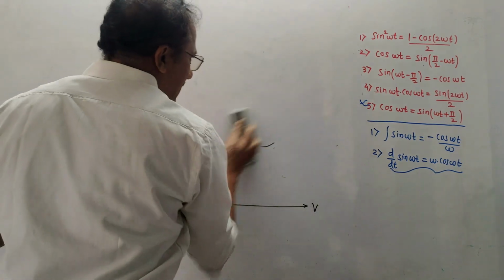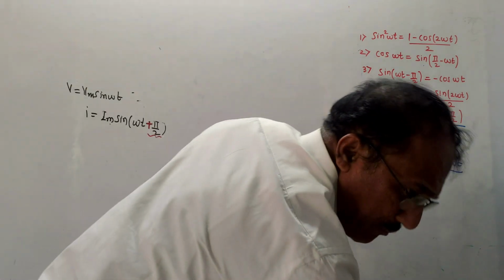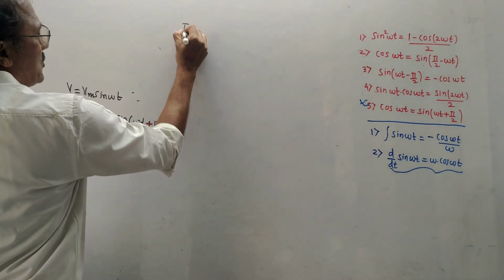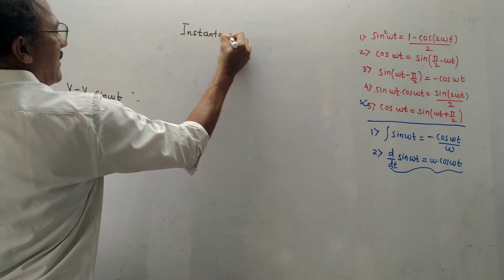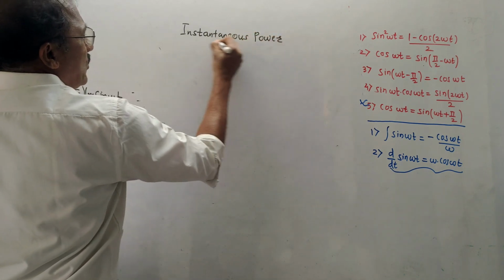Now the remaining part, the last part of this derivation, is calculation of the power, like the previous two derivations. First we will be calculating instantaneous power. Everything is the same, only values are different.